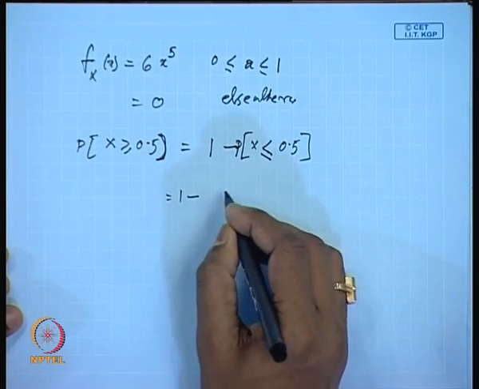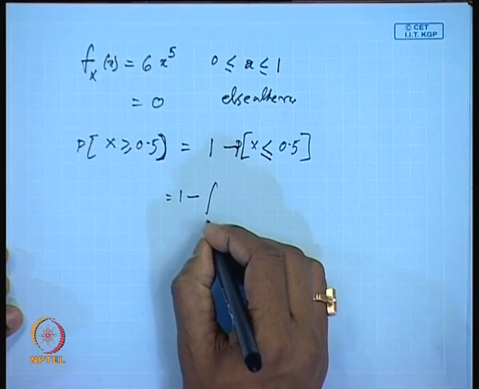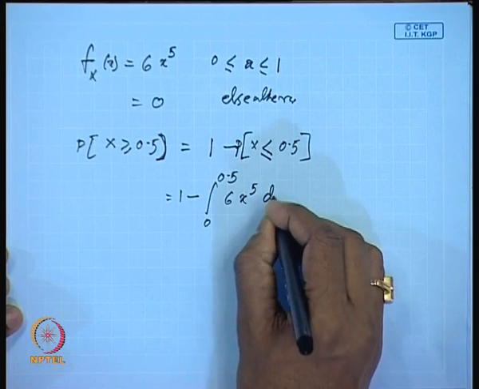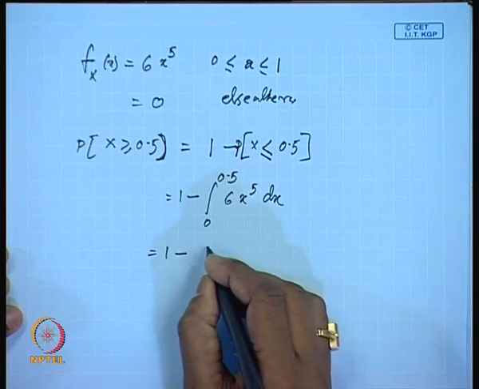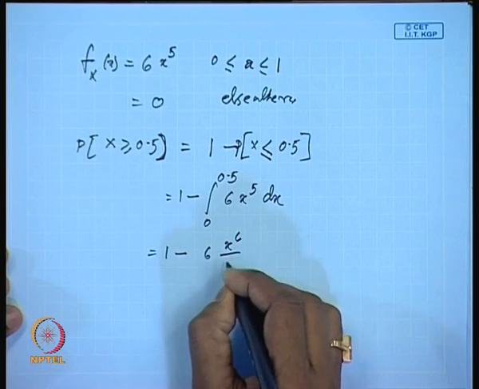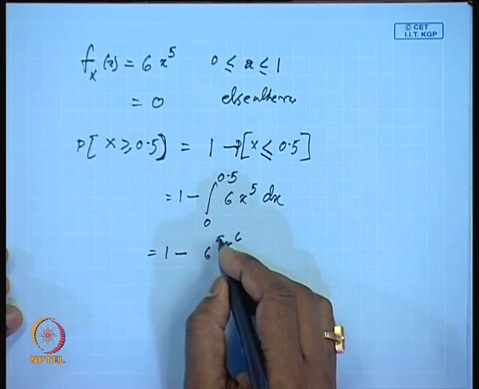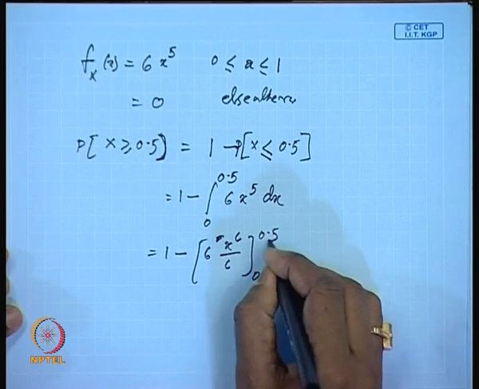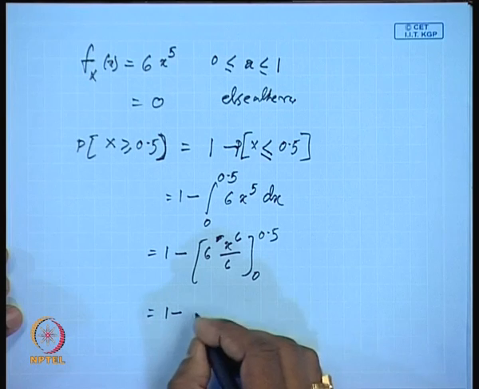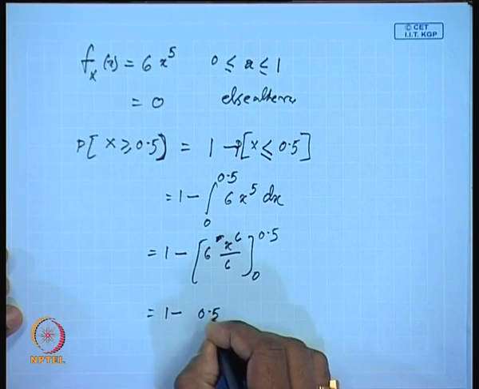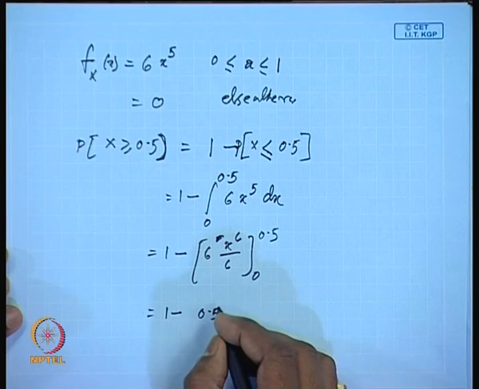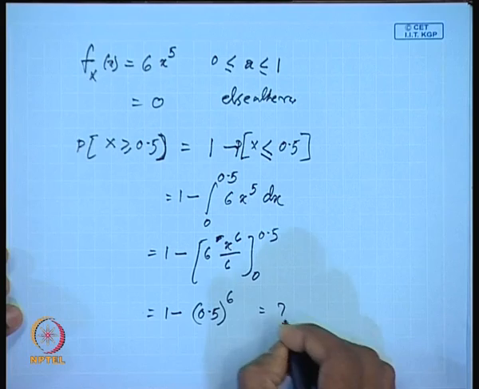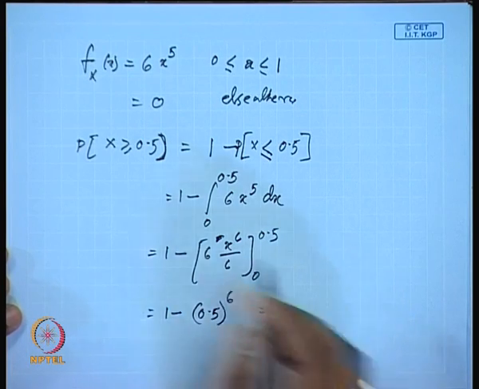So 1 minus the integral from 0 to 0.5 of 6x^5 dx, which is 1 minus 6x^6 divided by 6, evaluated from 0 to 0.5. So this equals 1 minus 0.5 to the power 6. We can calculate this probability with the help of this.